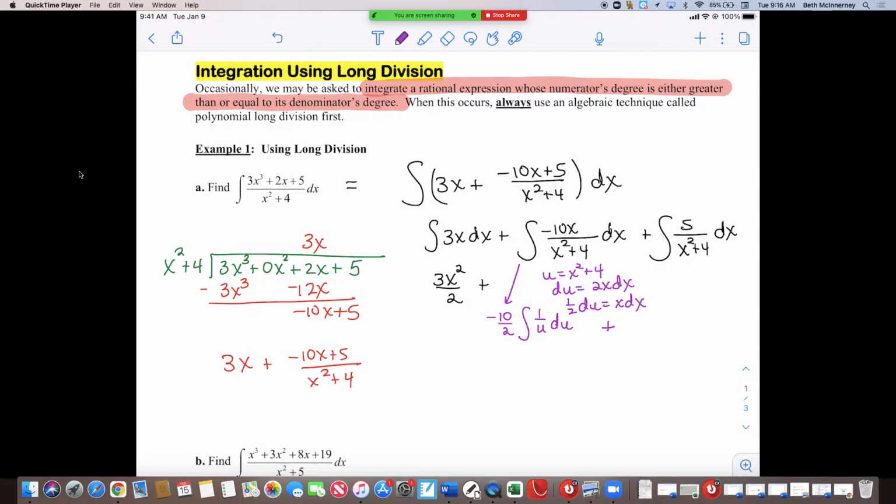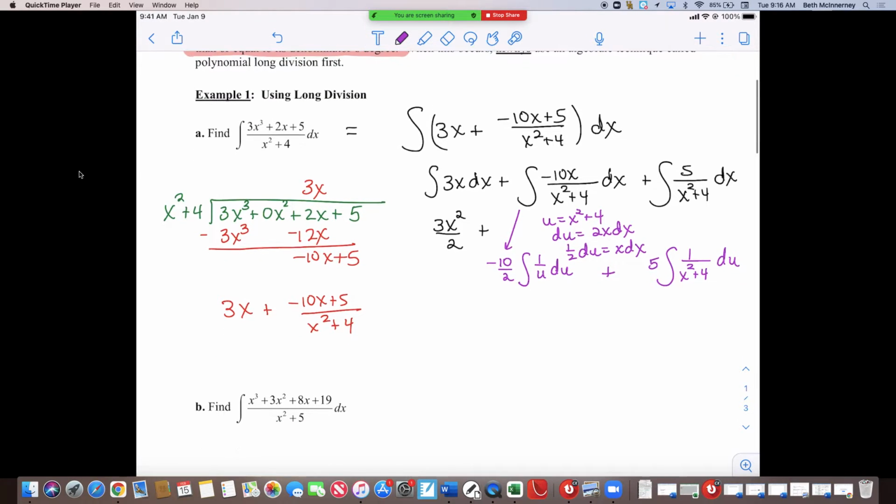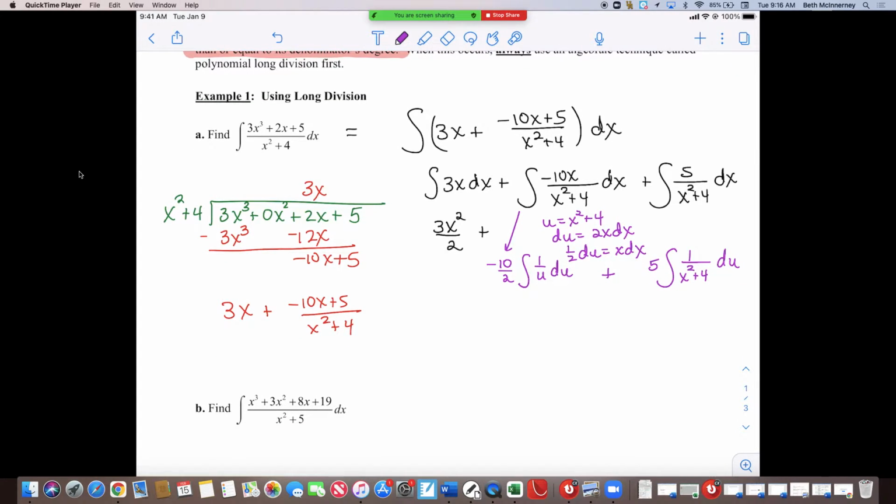Plus, now in this one, I can pull the 5 out. And are you recognizing that this is my arctan? Yeah, this is the u squared plus a squared.